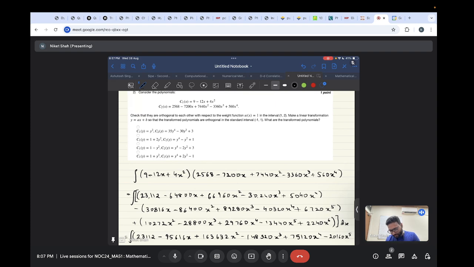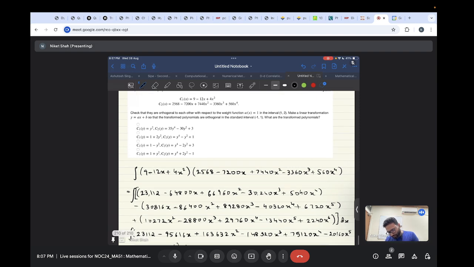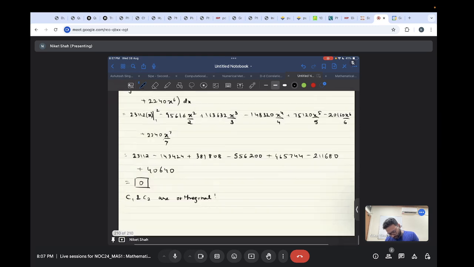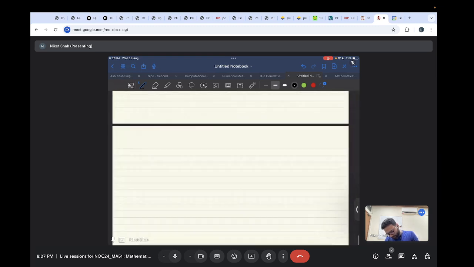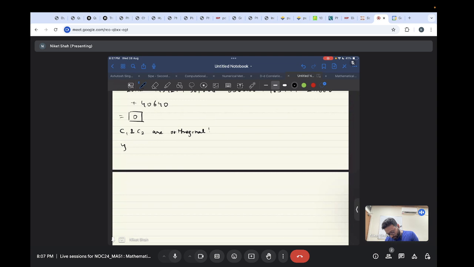Now make a linear transformation y equal to ax plus b so that the transformed polynomials are orthogonal in the standard interval minus 1 to 1. Let's do this. y is equal to ax plus b. The limits for x are from x equal to 1 to x equal to 2.